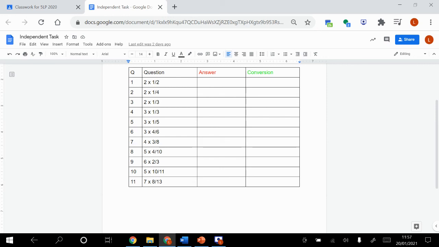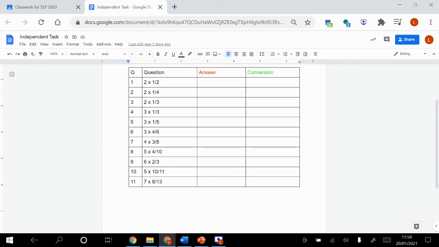If the answer is already a proper fraction, for example question 3, 2 times 1/3 is going to give me the answer 2/3. Okay, there's nothing really for me to convert that one to. I'm not going to convert it to 0 and 2/3, and I don't want us to start getting complicated and clever with decimals and give me the answer 0.66666 or anything like that.